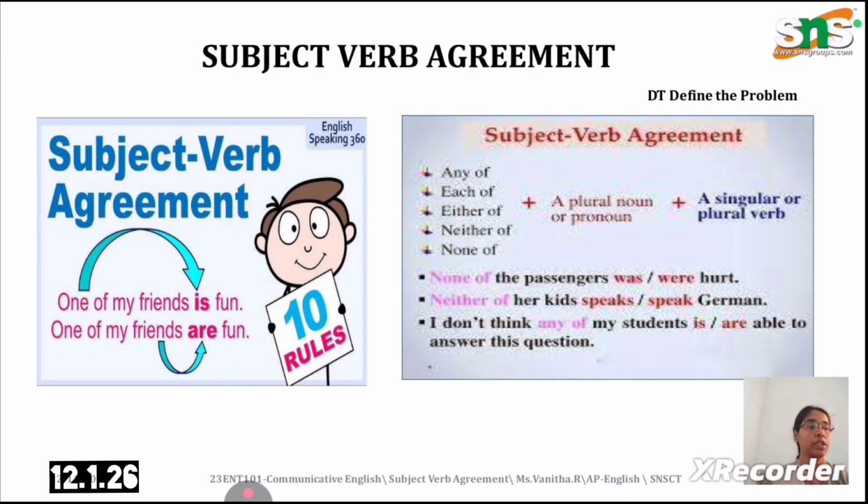Here Krish and Radha are two subjects, two nouns. So what will be the verb? Yes, plural verb. When you have two subjects, they are plural in form, so you are supposed to use a plural verb.